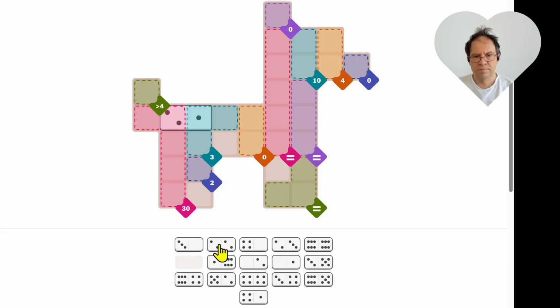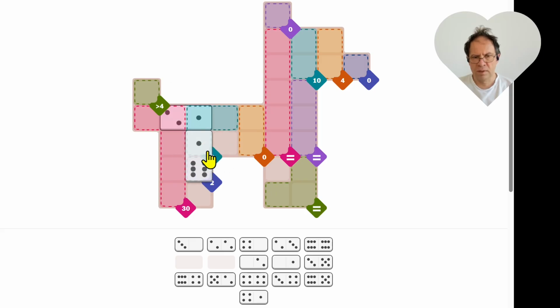then that has to go down, or to the left. Can't go to the right because you have a parity problem. So it has to go either down or the left.